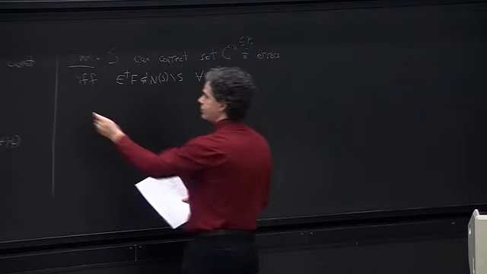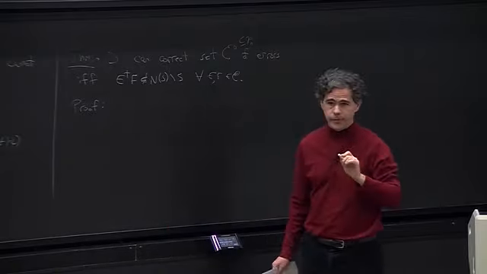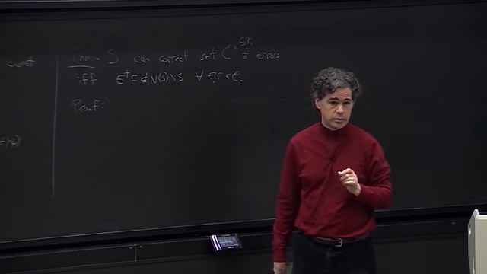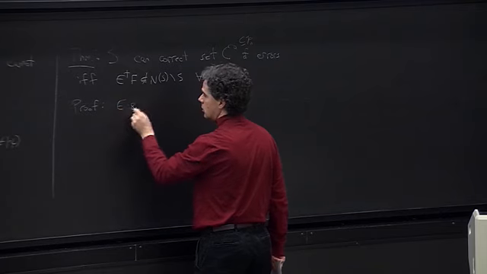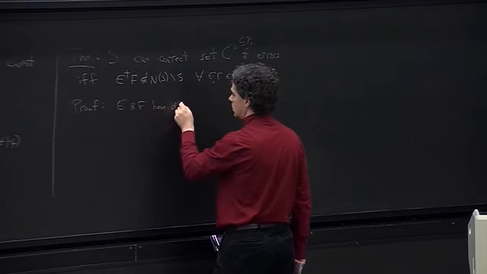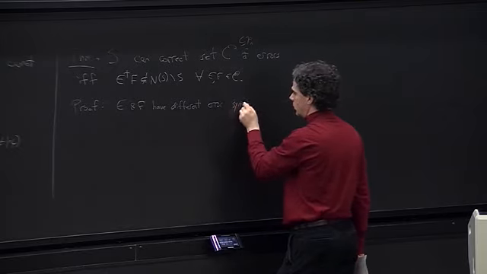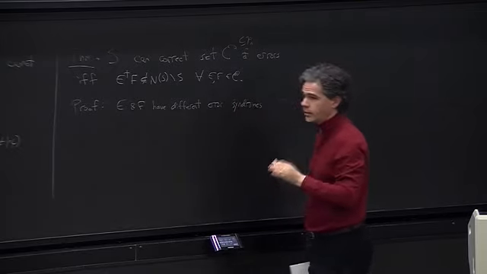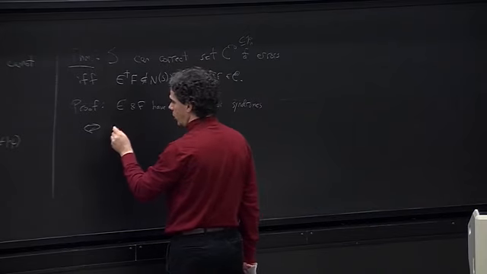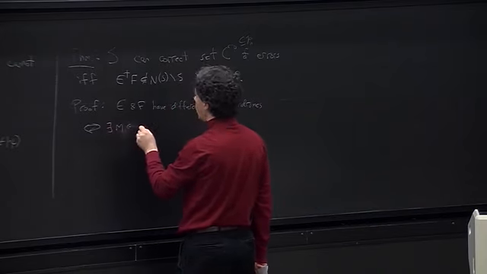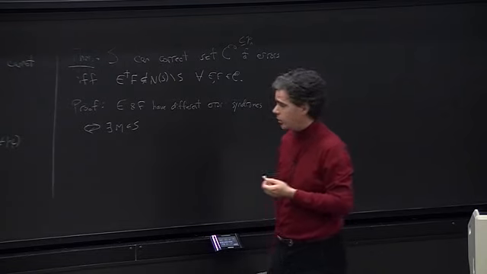Well, if E and F have different error syndromes, then I can distinguish them, right? So when do E and F have different error syndromes? That's saying that there's some M in the stabilizer that commutes with one of them and anti-commutes with the other.